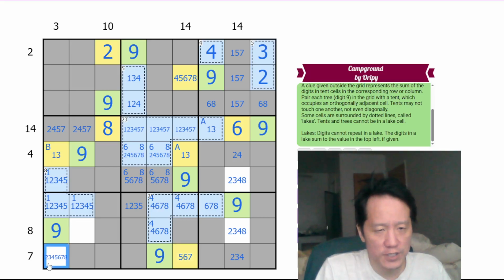If this were a tent, this would then be 2, 1. This would be 3. This would have to be 5, and this would be 6. That seems okay. This would then be 1, 3, 4. That seems okay also.